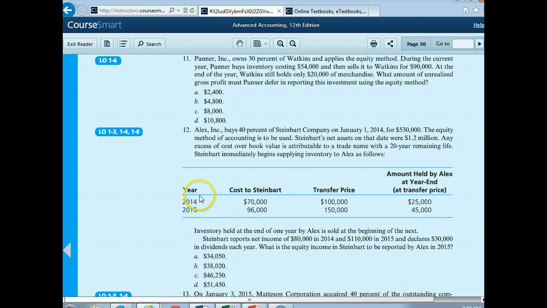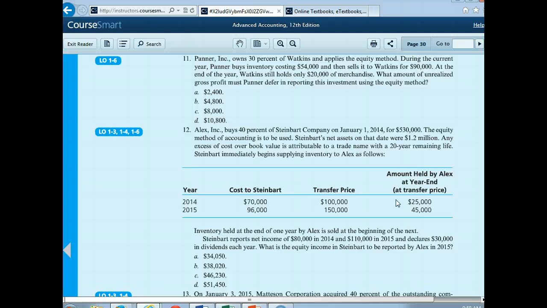So, in 2014, we're going to need to know that this 25,000 held by Alex at year end times the 30% times our ownership of 40% was deferred in 2014, but what happens in 2015?